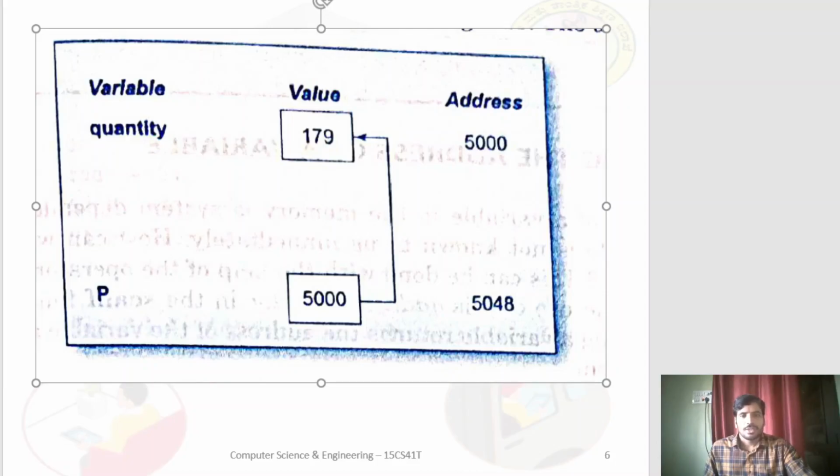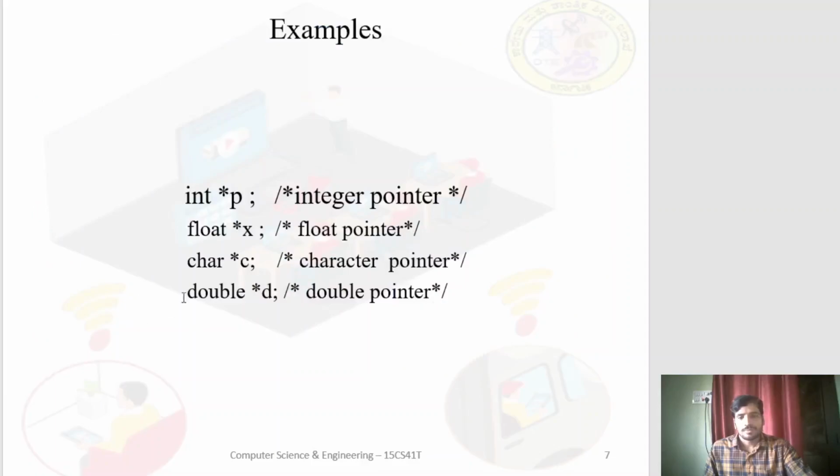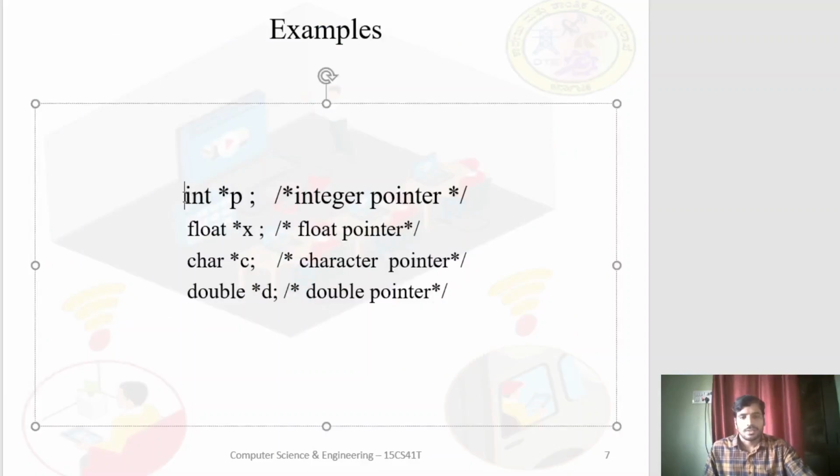So let us see another example. Here are some different data types pointers declaration. First one is integer pointer, second one float pointer, third one character pointer, and fourth one is double pointer.